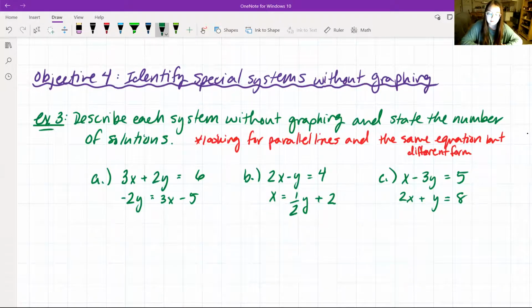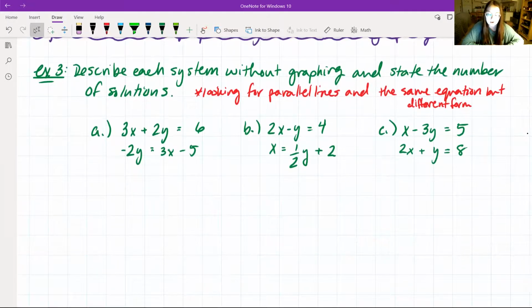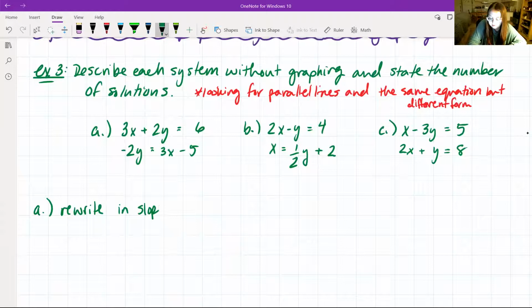In problem A, we have 3x plus 2y is equal to 6, and negative 2y is equal to 3x minus 5. We're going to rewrite these in slope-intercept form. So we write part A over here. We want to rewrite in slope-intercept form.